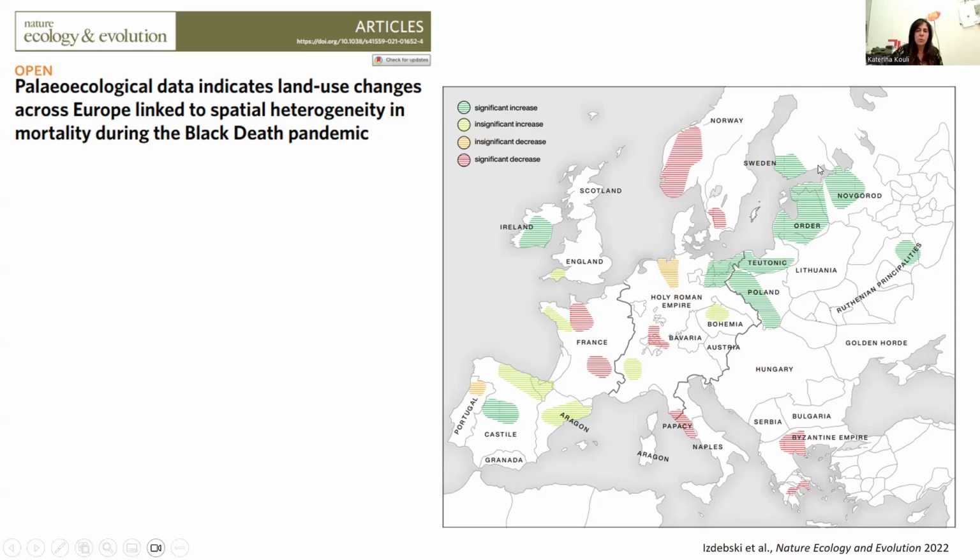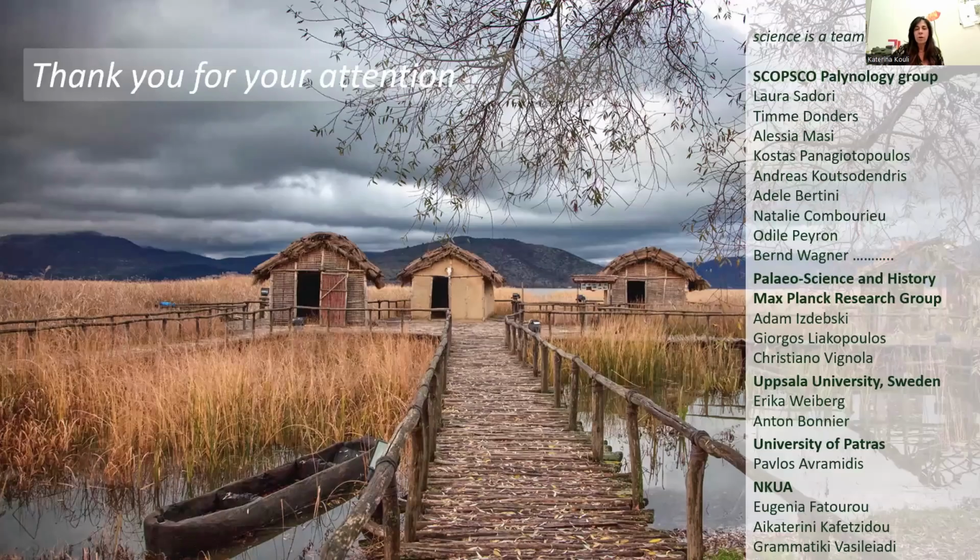So to end up with, we have a very powerful tool. You can use this tool to understand past and modern vegetation shifts and tie them up to the scientific question each time you have to reply.